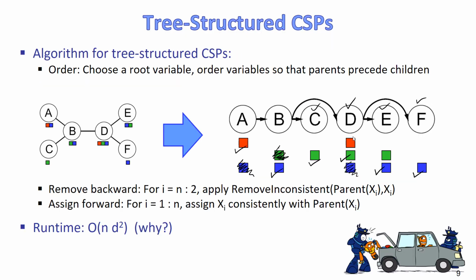Okay, why is the complexity N D square? Any idea? So the complexity here is N D square. What is N? N is the number of variables, and D is the number of values in the domain. Why is it N D square?